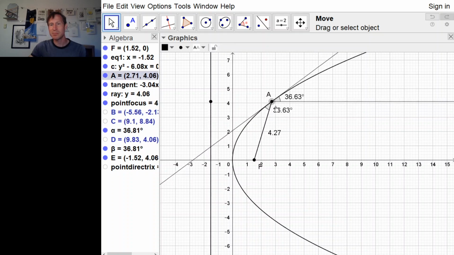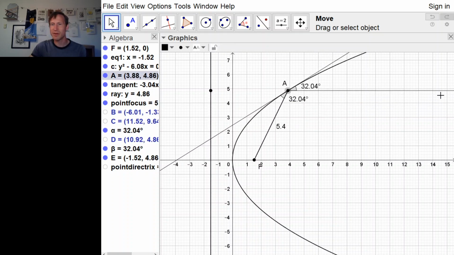If we slide it up here, the incoming light ray, as long as it comes in parallel to the x-axis, strikes the mirror at some different angle. It leaves at the same angle, which is different than before, but still 32.04 degrees, the same as the incoming angle, and also goes through the focus.